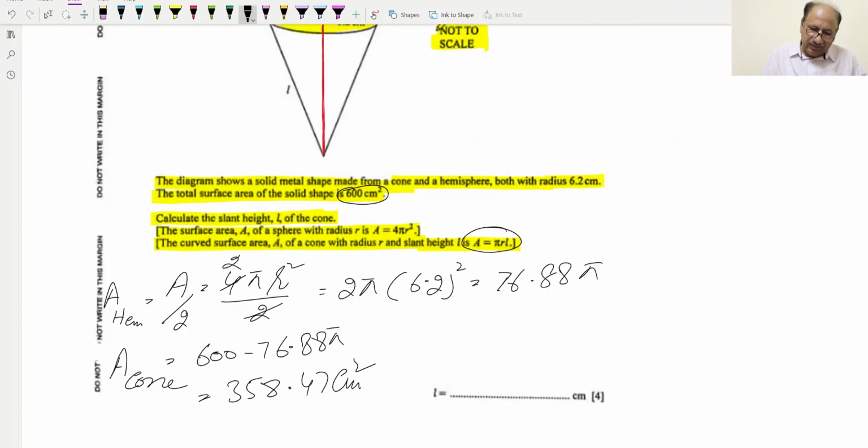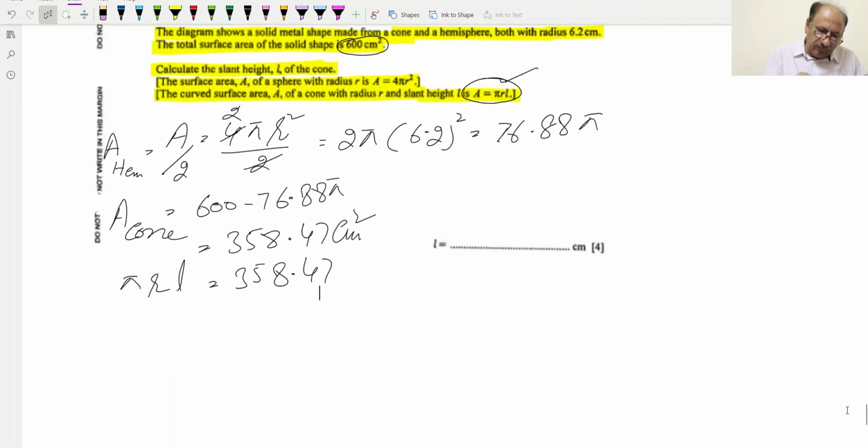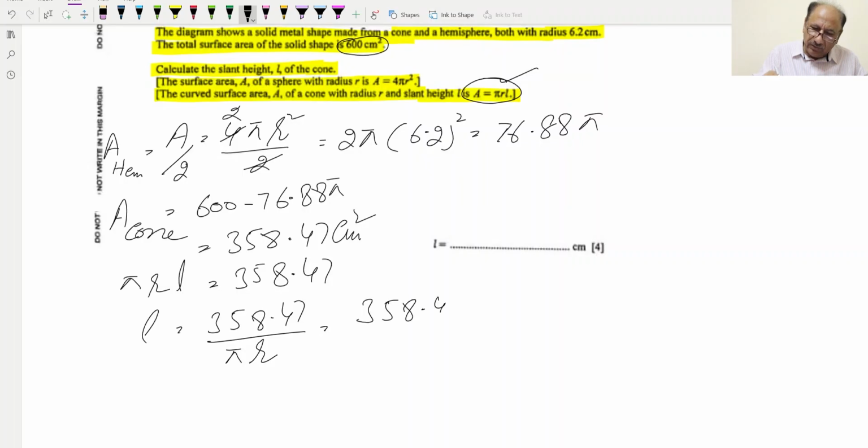Now formula for area of cone is pi r L, so we can write pi r L is equal to 358.47, and further we can write L will be equal to 358.47 divided by pi r, and R value we will replace and we will get the answer.